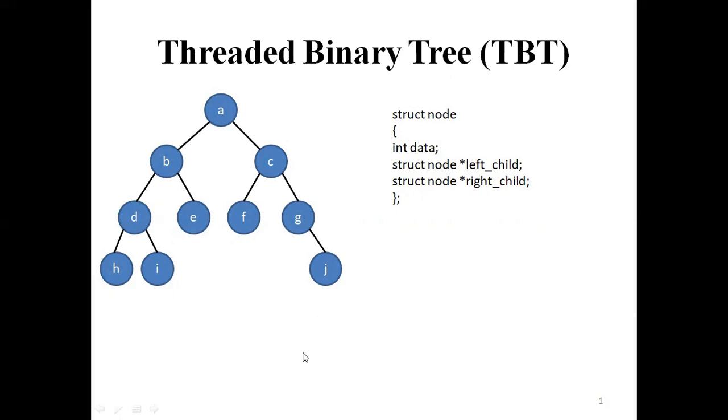The same tree, if you want to visualize in terms of node format, where each node has a minimum of 3 fields, one data and two pointer fields, will look like this.